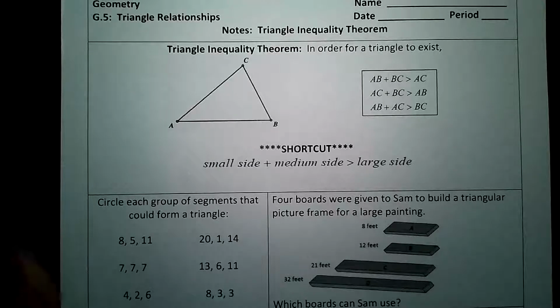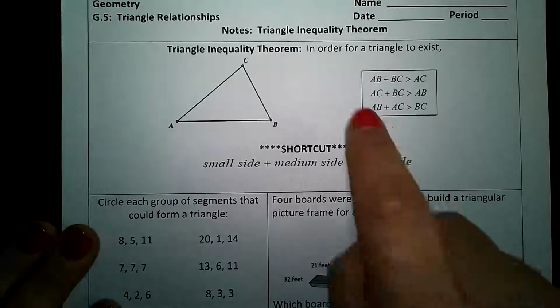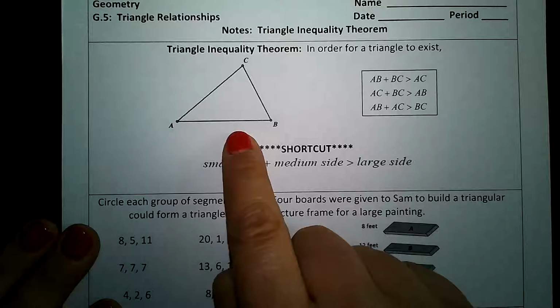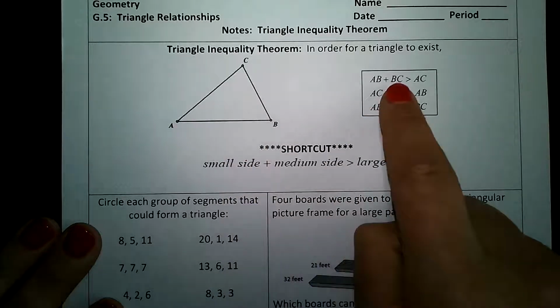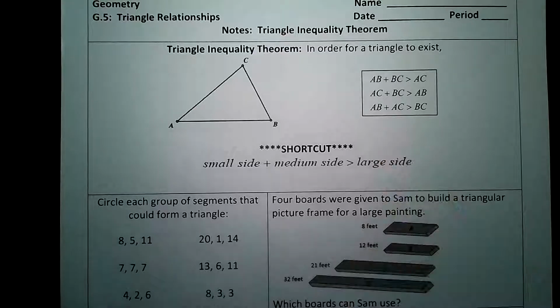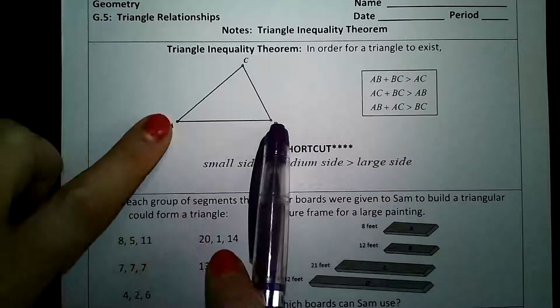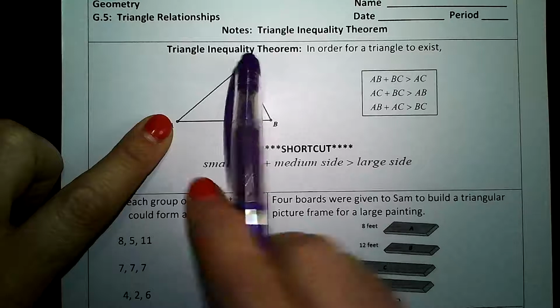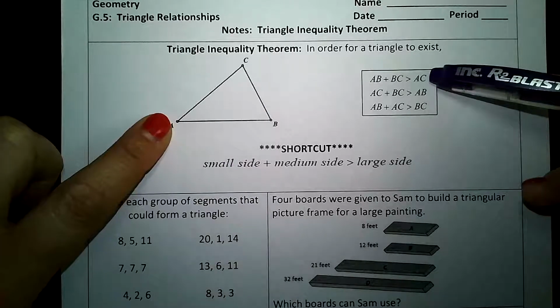The triangle inequality theorem says that in order for a triangle to exist, this must happen. And let's see what this says. This says the length from A to B added to the length from C to B has to be bigger than the third side.